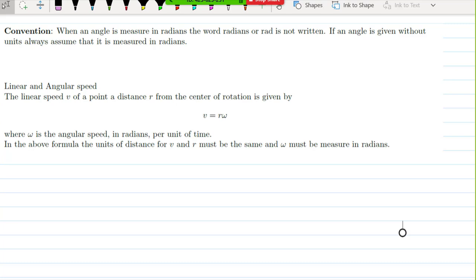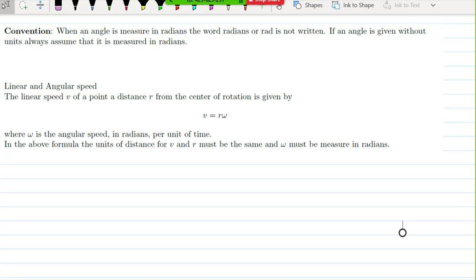All right, the next thing we want to talk about is linear versus angular speed. The best analogy that I can make between linear and angular speed is this. Angular speed is something measured in rotation, so how fast is something spinning around. A good example would be, imagine the wheel on your car.